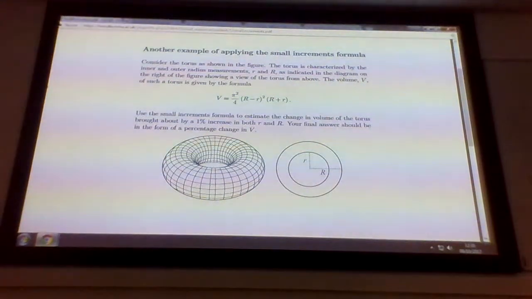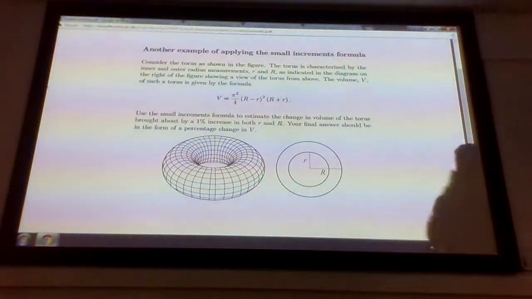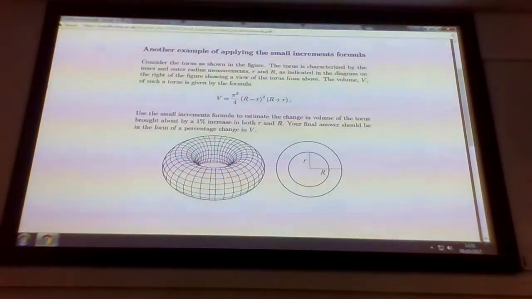If I do it, the big R and small R here. No, you don't. Then you just put them on your own. Yeah, because that's the change in the.